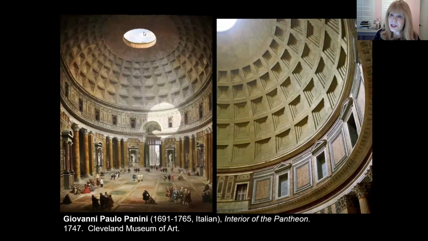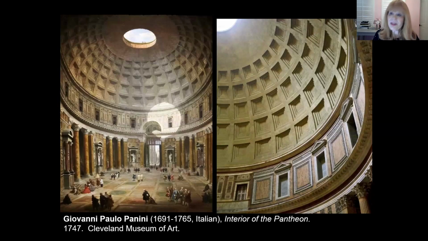Now, oculus can sometimes mean the eye of God looking at you, especially if it's in a Judeo-Christian concept. Here, because this is a temple to all of the gods, this would be perhaps many of the gods looking down upon you.